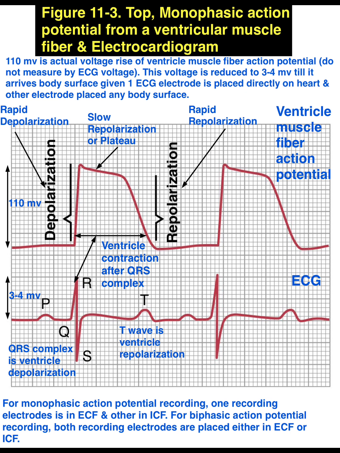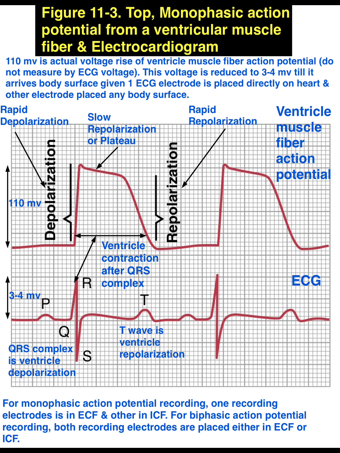The left-hand side of this diagram shows the R wave is positive by 3 to 4 millivolts, whereas depolarization of the action potential measures 110 millivolts, which does not fit this EKG or ECG paper calibration.